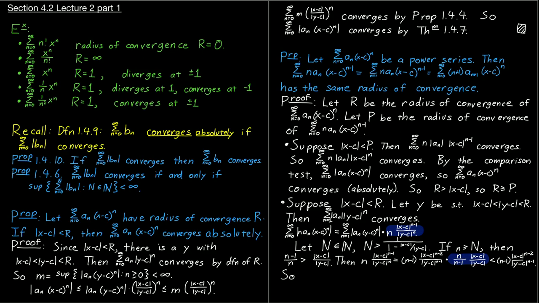So the sequence of n |x minus c|^(n minus 1) over |y minus c|^n, if we start at big N, this is decreasing.